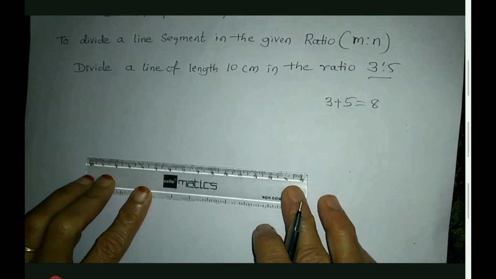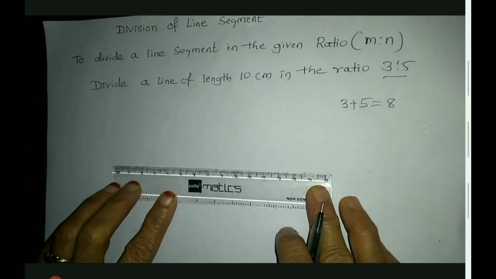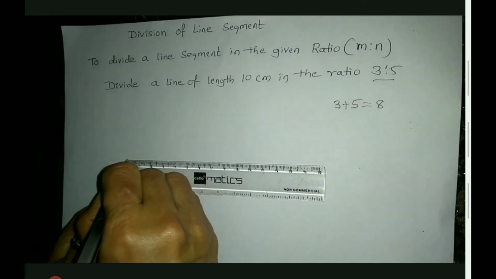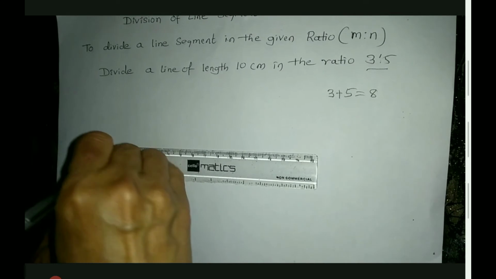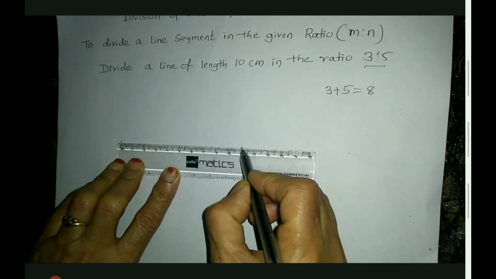And in the first step, you draw the line AB of length 10 cm, or you can give the name PQ, EF, whatever it may be. You draw the line of 10 cm.